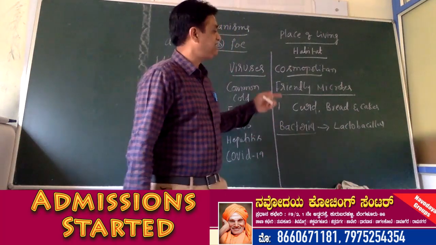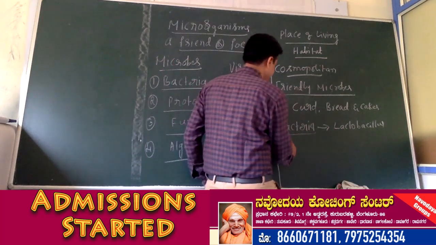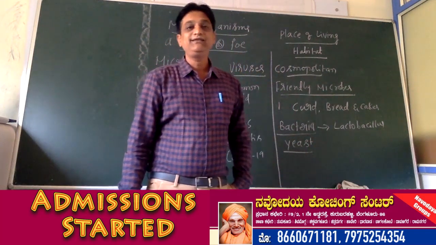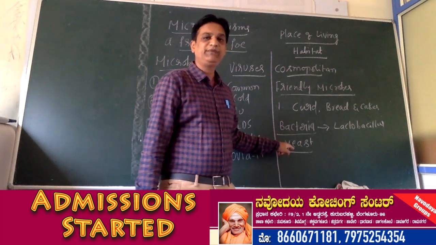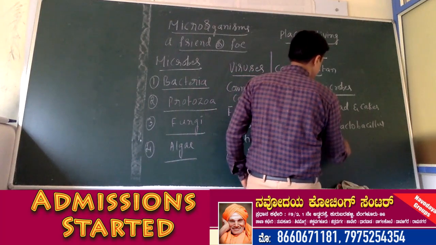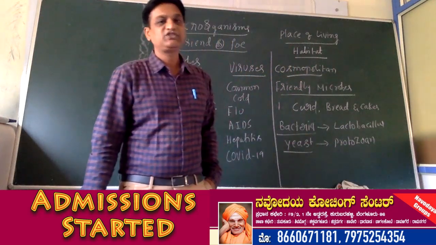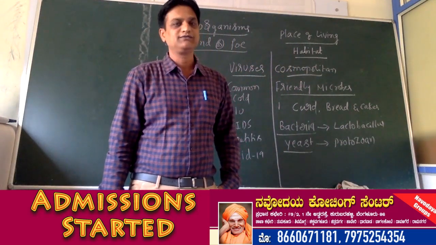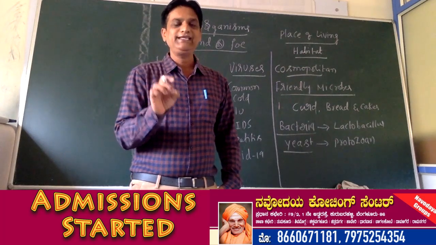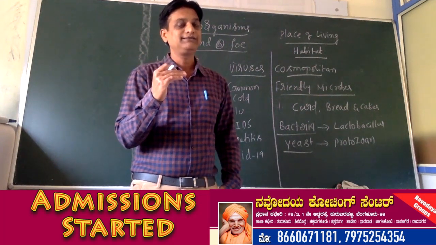Okay. Similarly, in the preparation of bread and cakes, that is in bakeries, a microbe is used, and that microbe is called yeast. Yeast is an example of a protozoan. So it belongs to the group protozoa. Yeast is a unicellular protozoan. Yeast undergoes multiplication and releases carbon dioxide.